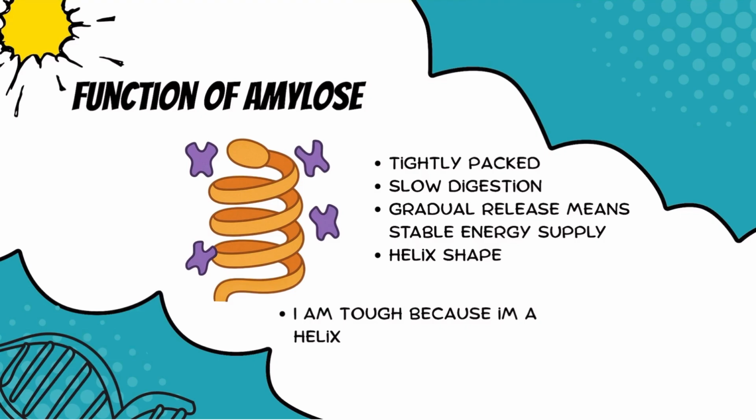And it also promotes a feeling of fullness and keeps blood sugar levels stable. This is especially important for people that want to lose weight because they already feel full even though you have eaten a few meals instead of many meals, and not feeling so full. So, amylose helps with both long-term energy storage in plants.